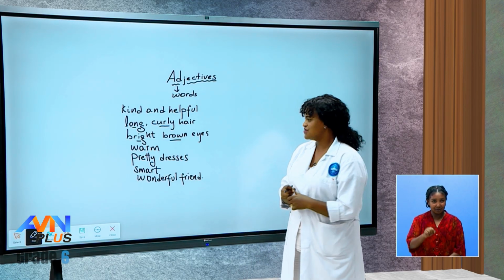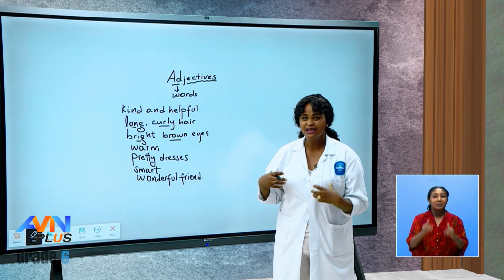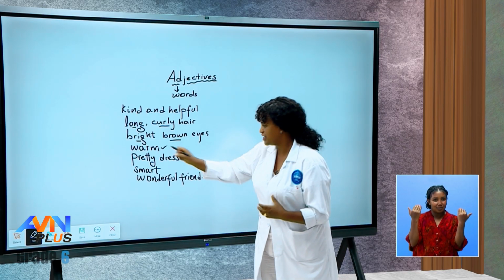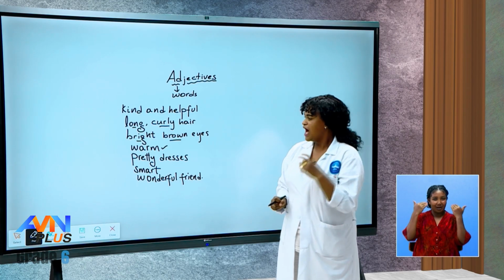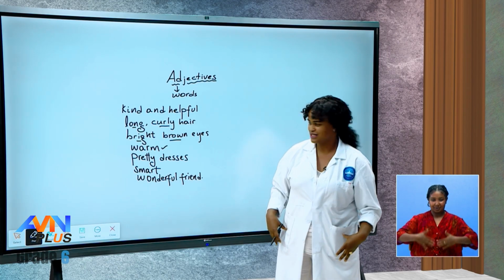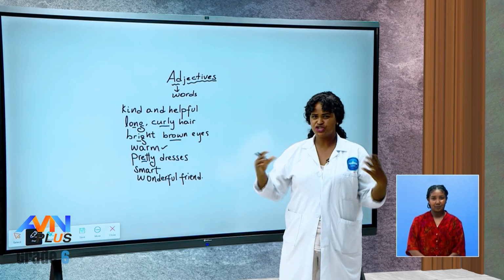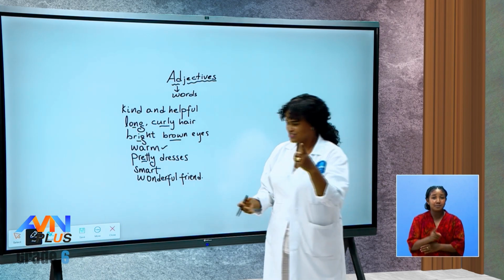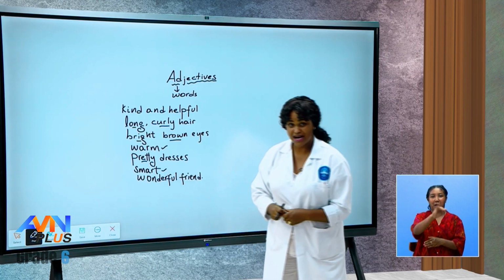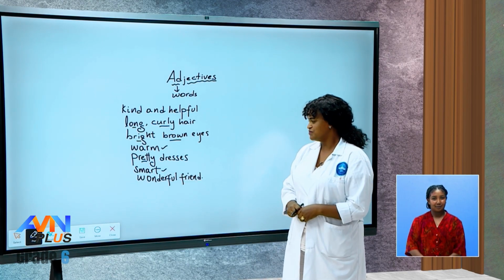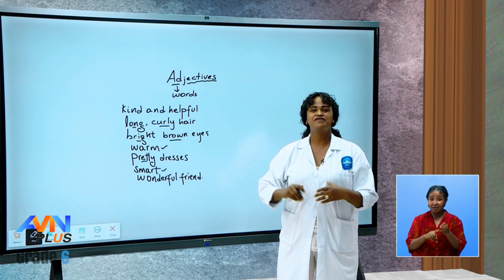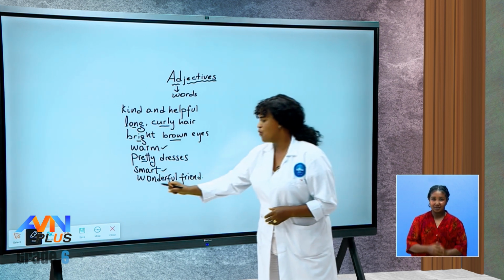Right? All right. How about the smile? Warm smile. Good. Okay. How about her dresses? Pretty dresses. Okay. How is she in general? Just like you, she is smart. Yes? Good. Finally, what kind of friend is she? Wonderful friend.